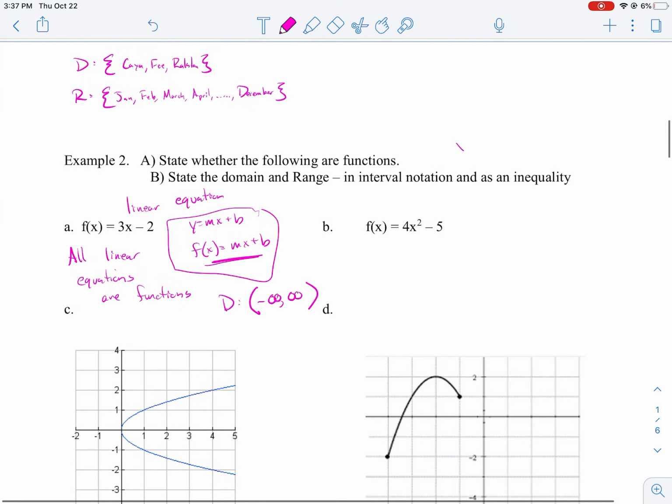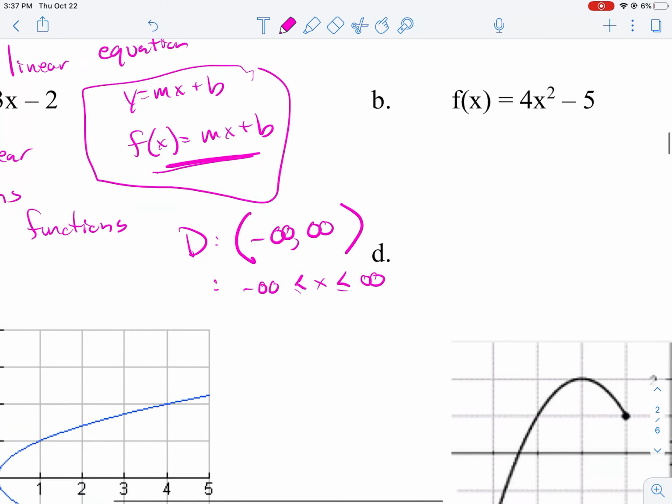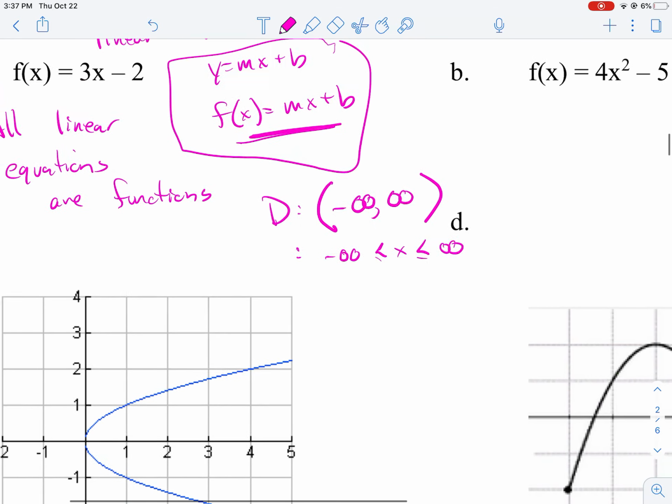If we were to graph this guy, we'd see it would look something like this, right? And these arrows represent, it would go down forever towards negative infinity, and it goes up forever towards positive infinity. So our domain is negative infinity, would look something like that. Okay, so there's our domain.